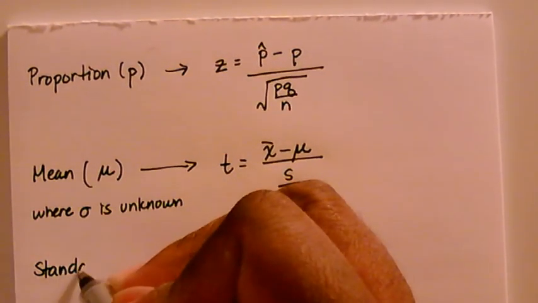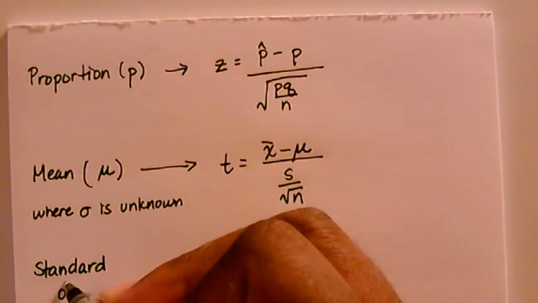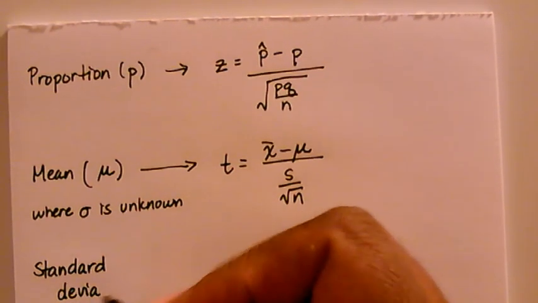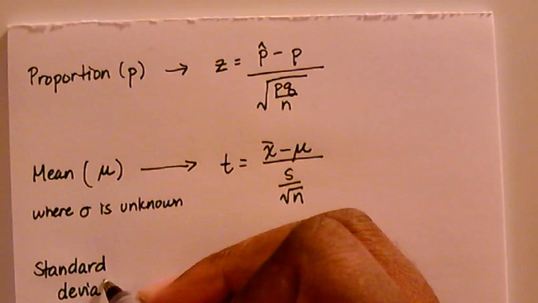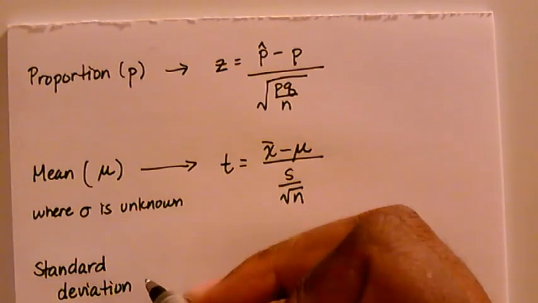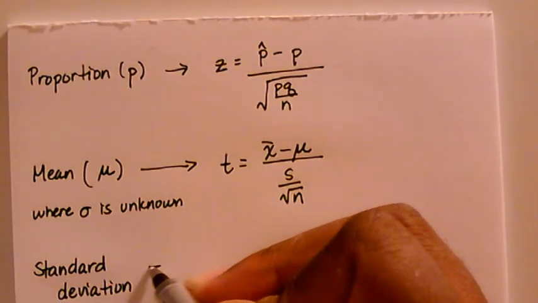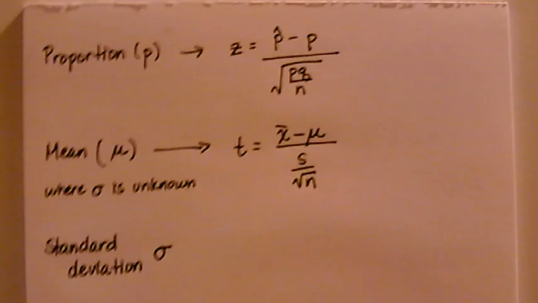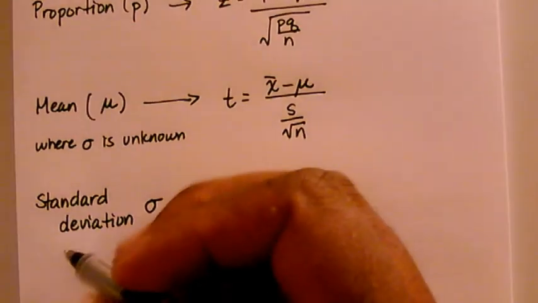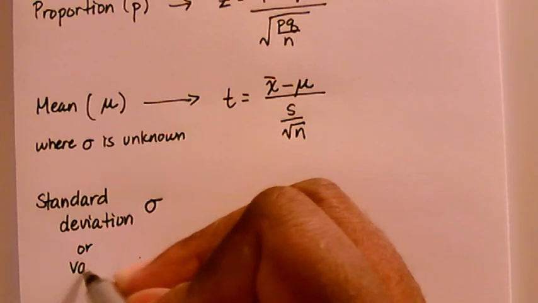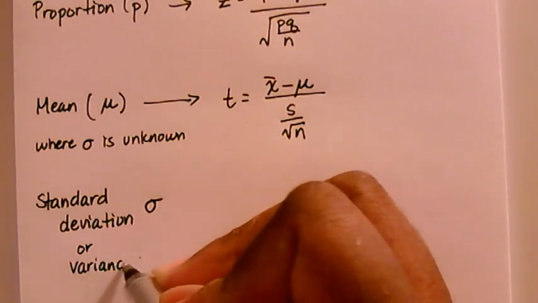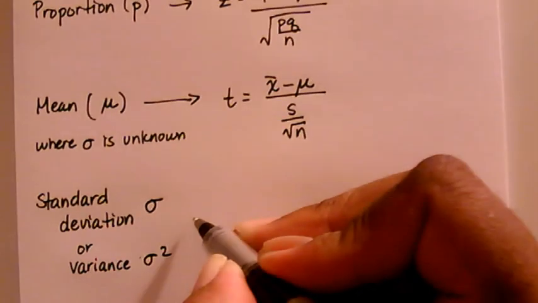And then for the standard deviation, which is sigma, or the variance, and that's sigma squared.